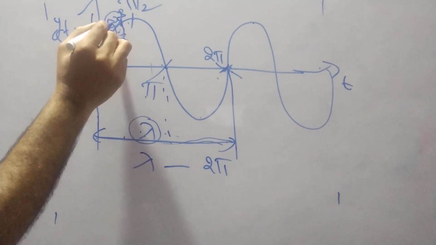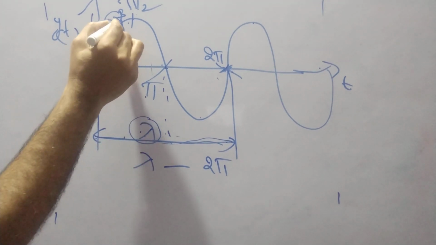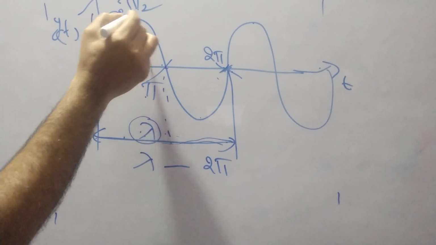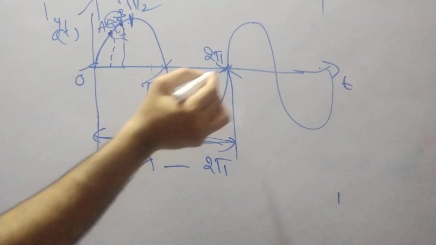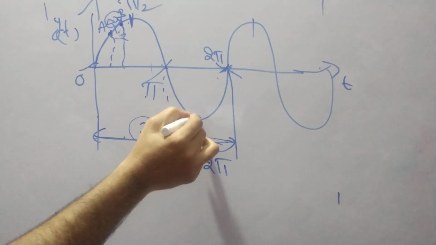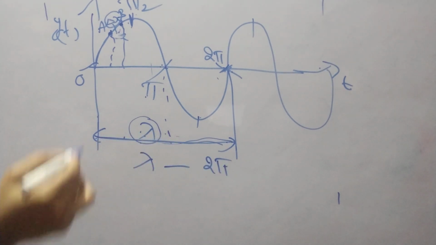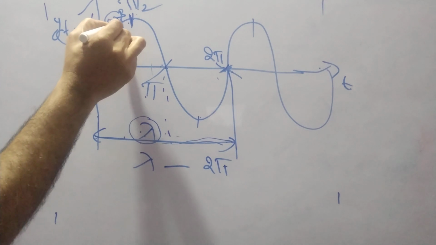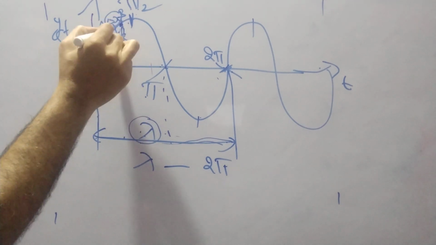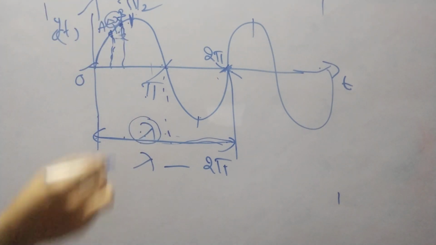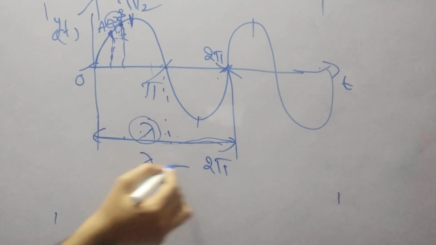So for delta x, because A and B are not standard points here, whereas this crest is a standard point, these angles are all standard points, you can write down this phase difference in terms of lambda. But if I take 2 points like this, A and B, what is the phase difference? For lambda you got 2 pi.